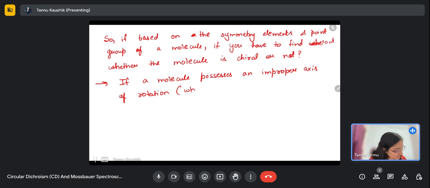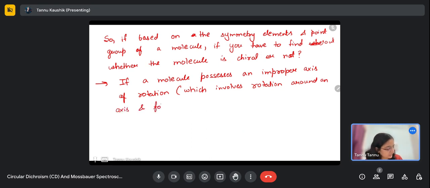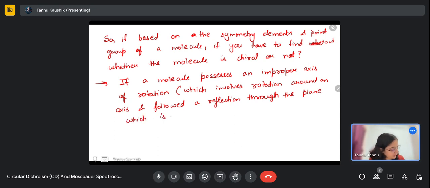This symmetry operation involves rotation around an axis followed by a reflection through a plane which is perpendicular to the principal axis, which is perpendicular to the rotational axis.